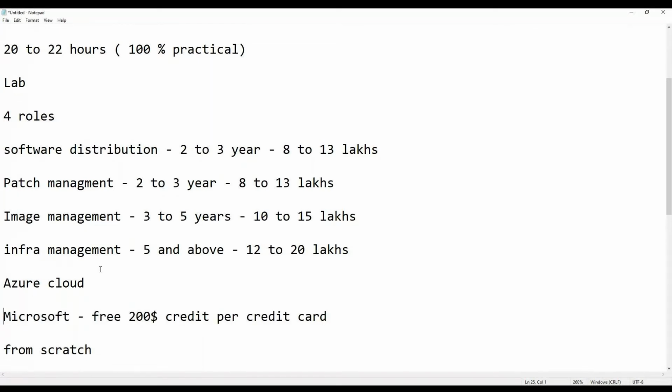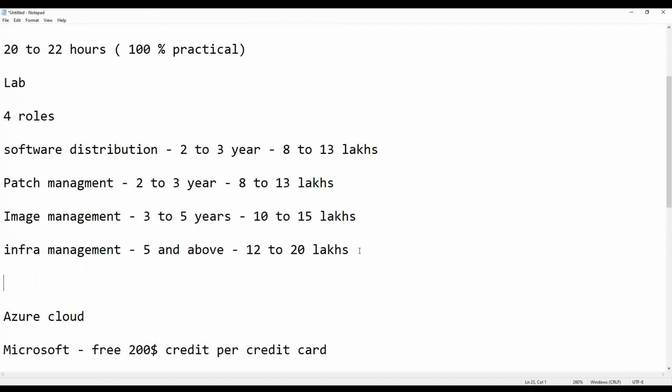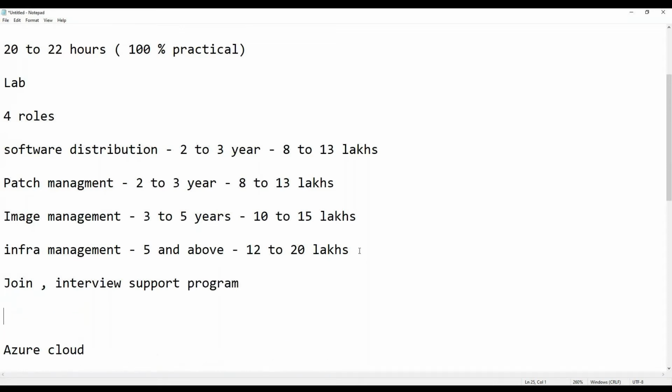Those of you who need additional help can join the interview support program after class. This is an additional paid program. You will be given individual assistance till you get a job: how to answer the interview questions, what kind of questions will be asked, how to tell about yourself, how to make sure that you are a good candidate for that particular job role.